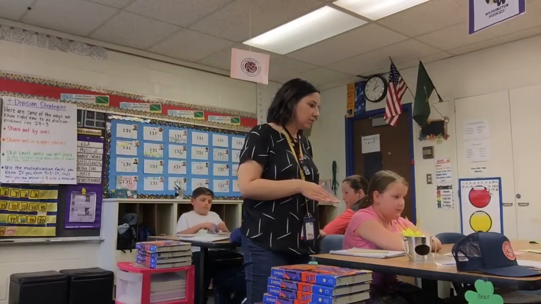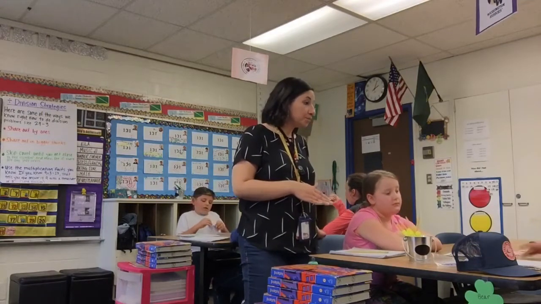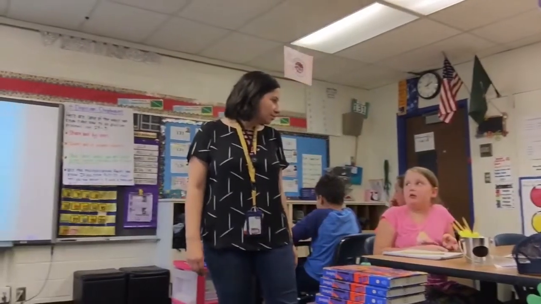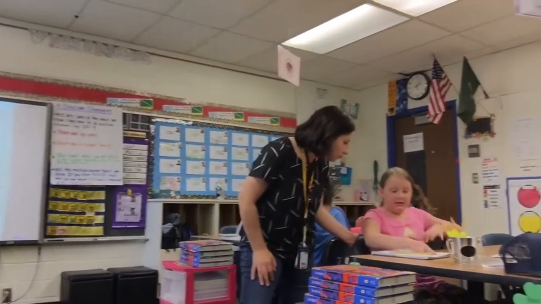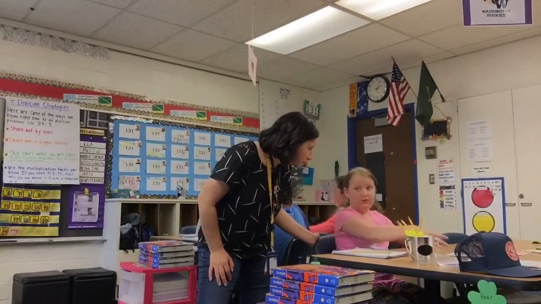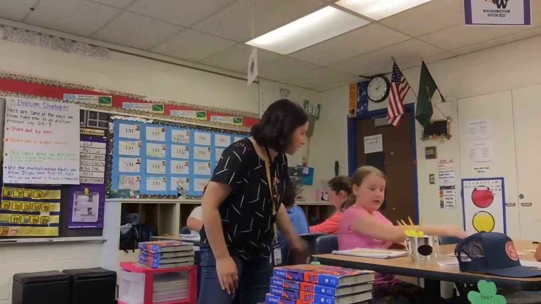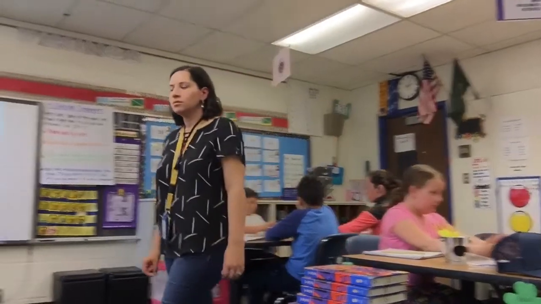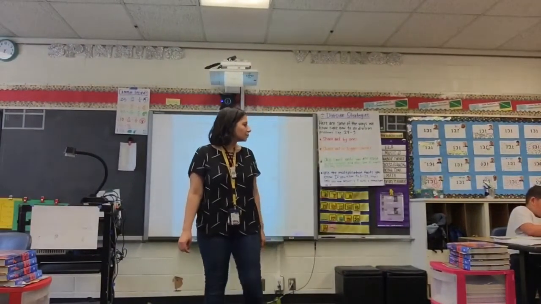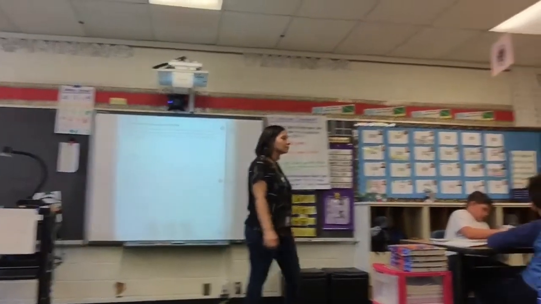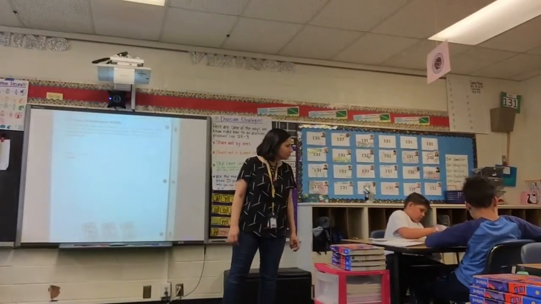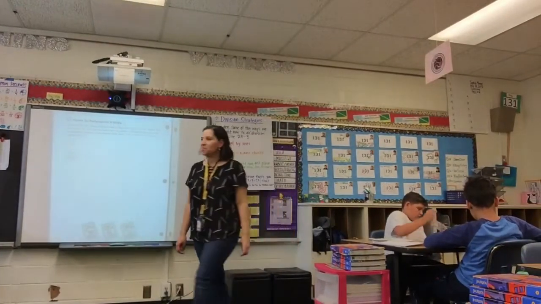So we could use mixed bills, but we have to have the same amount of bills in each group. Yeah, exactly. Okay. That's an exact amount. Yes. There you go.